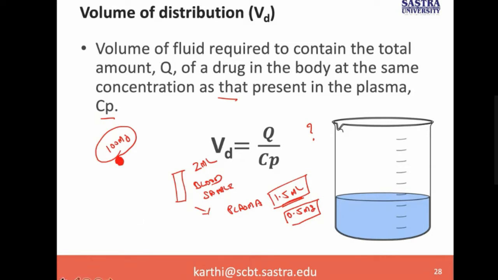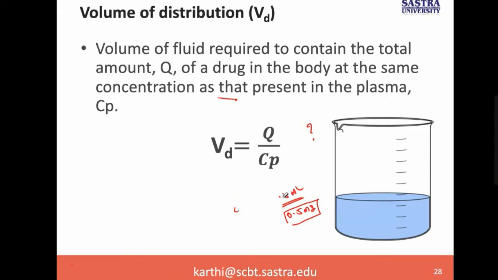Can you repeat it, sir? Okay, once again I repeat. Very simple concept. I'm just giving an example for the definition given here, and the definition itself is very clear.